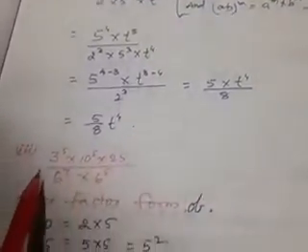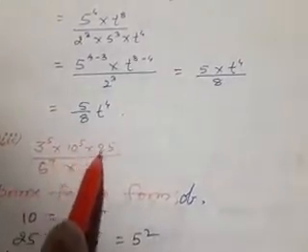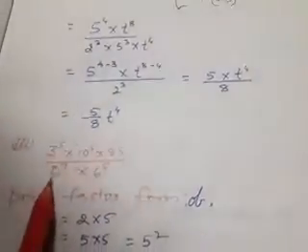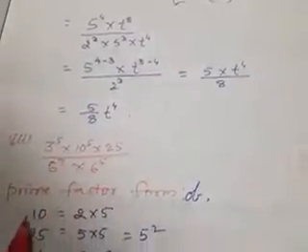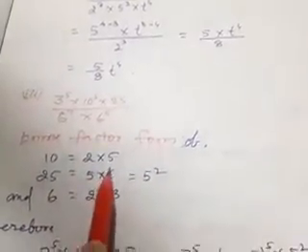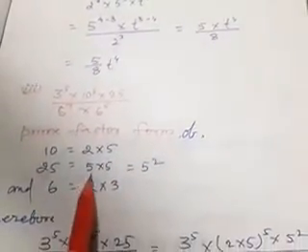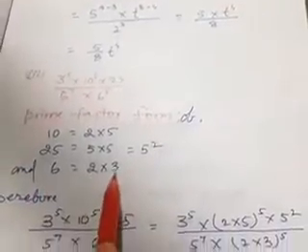Next question is 3 to the power 5 multiply 10 to the power 5 multiply 25 divided by 5 to the power 7 multiply 6 to the power 5. The prime factor form of 10 is equal to 2 into 5, and 25 is equal to 5 into 5 or 5 square, and 6 is equal to 2 into 3.